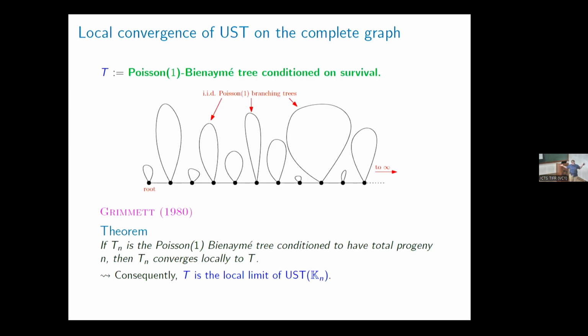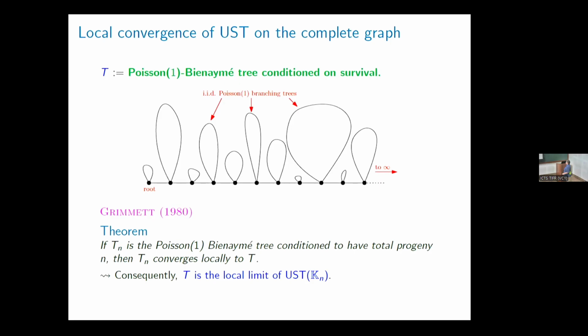I will see actually a branching tree which is conditioned to survive forever, because before I have conditioned that it has at least n, but if it has infinite population size, one can show that it's equivalent, that it survives forever. So in the first part of tomorrow's class, I will tell you a bit about conditioning branching trees. And for the moment, we look at a very particular one, and this is the so-called Poisson 1 binary branching tree conditioned on survival.